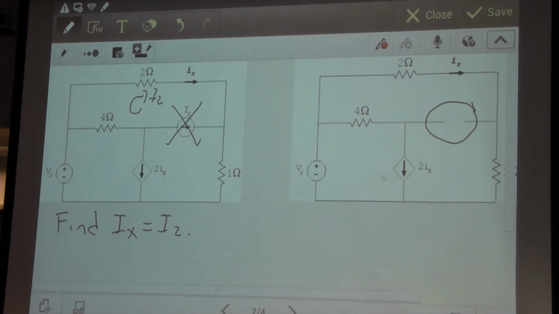So let's see, how can we obtain that current? It's a simple circuit, so let's try to work this for a couple minutes, maybe 5 minutes, and we'll see what you come up with. So try this on your own, try to find Ix with just this source.